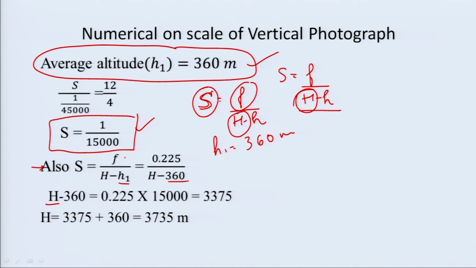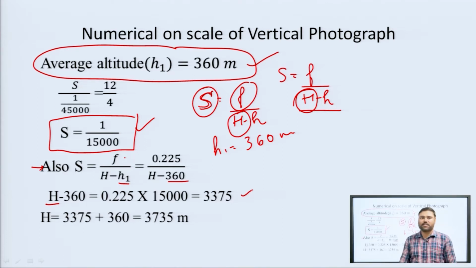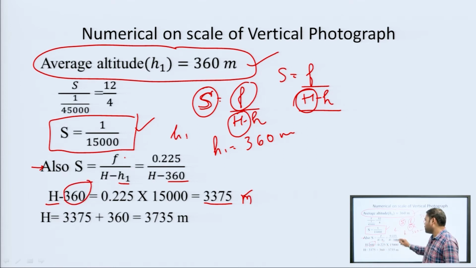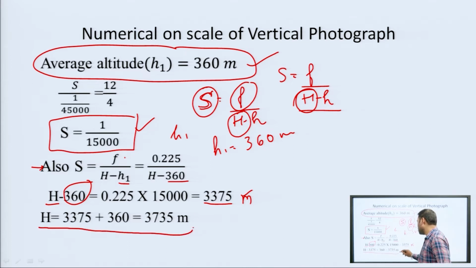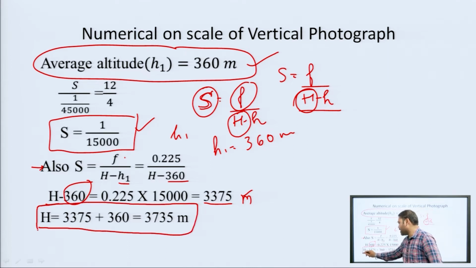Putting all these values in this equation, we obtained H minus 360 is equal to 0.225 into 15,000, that value is about 3375 meter, and by adding this h1 we get the total height of the aircraft, that is capital H is equal to 3375 plus 360 is equal to 3735 meter.